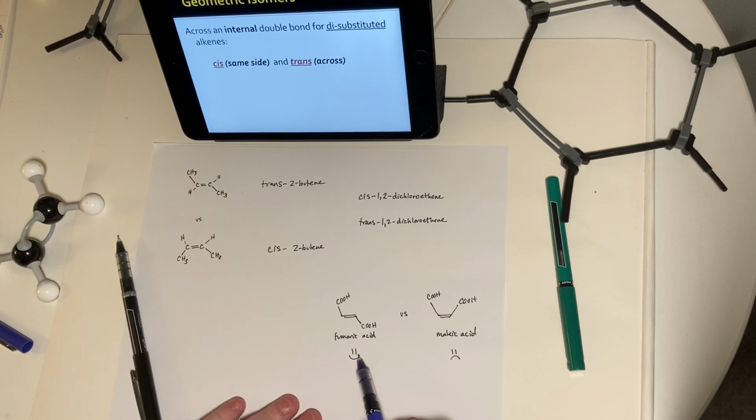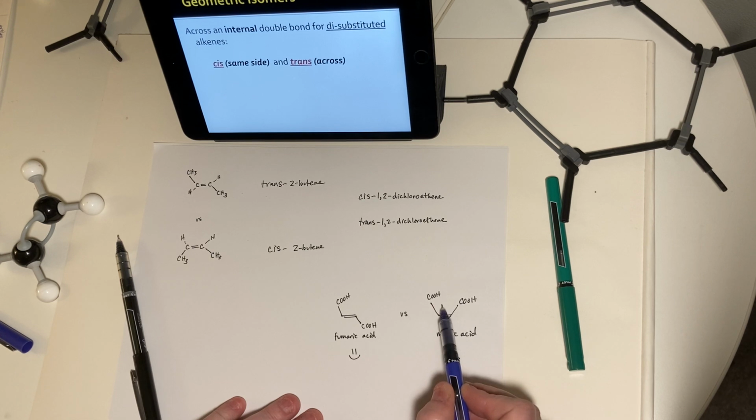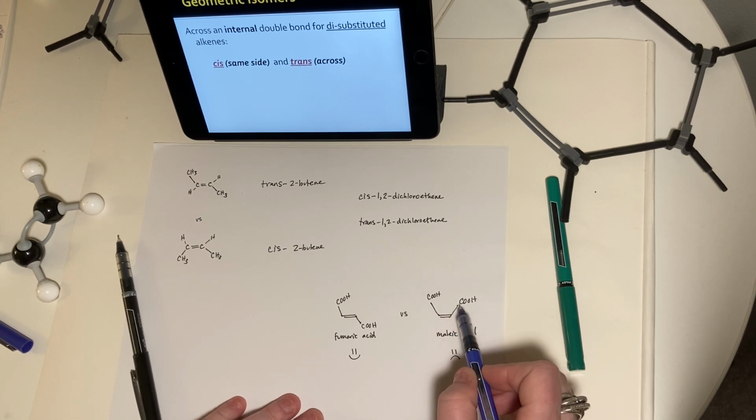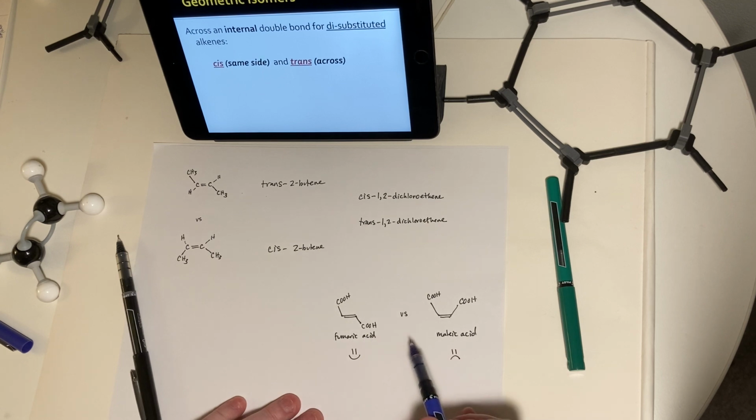It's essential. But this one, the cis version, the same collection of atoms, these are isomers. This version is toxic to living cells, and you need special enzymes to convert maleic over to fumaric. You don't really like that one.